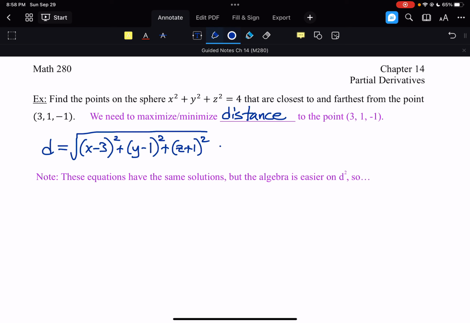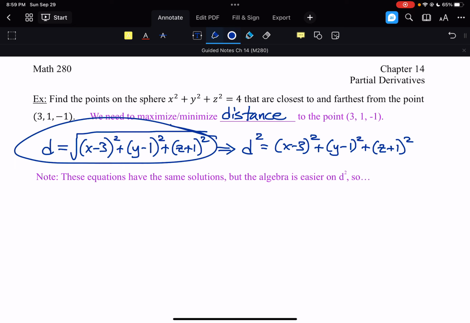But I want to do something a little out of left field here. I want to go ahead and square both sides of this. So in doing so, we get d squared equals all these terms on the right, but with no square root on them. Now, we have to take a logical leap together here. We need to understand that any values of x, y, and z that solve this equation are exactly the same x, y, and z values that would solve this equation.